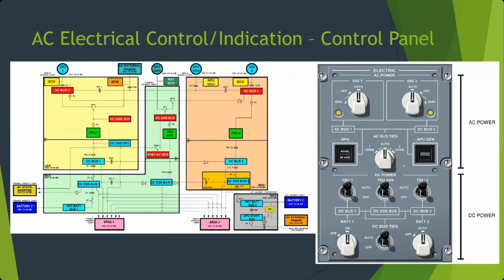On this panel, for instance, you can see generator 1 and generator 2. There's an auto position, an off position, and a disconnect. 99.99% of the time, this is left in auto, and the pilots don't even touch it. During their checklist, they look up, yep, auto, auto, and that's it. They don't even move it to the off position. The off position is only if you have to shut it off because of a problem.